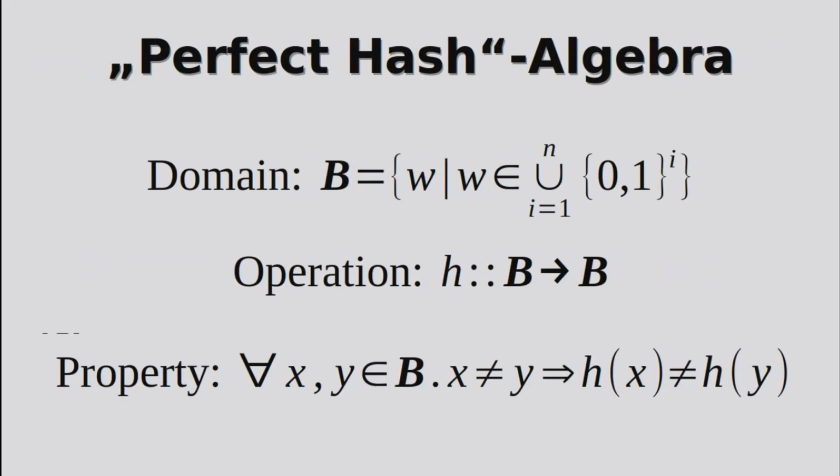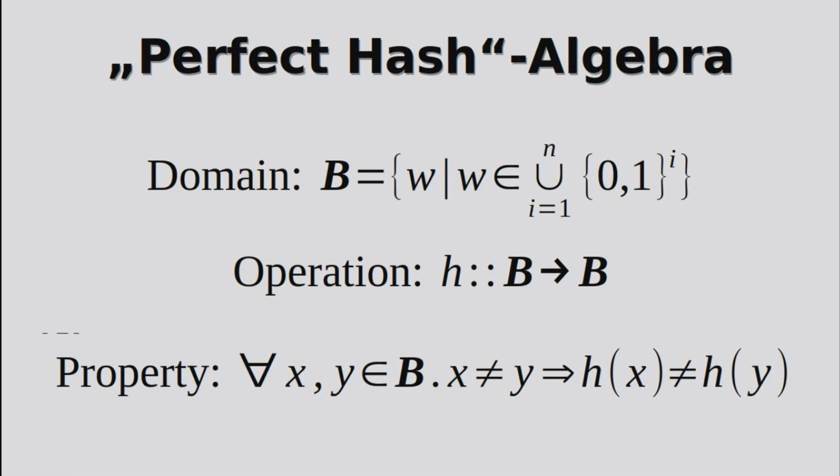So something a bit more tied to real-world applications would be a perfect hash algebra. In this case, the domain is the set B that consists of all the binary strings up to the length of n. So what does that mean? Well, those are all the strings consisting of zeros and ones up to the length n.